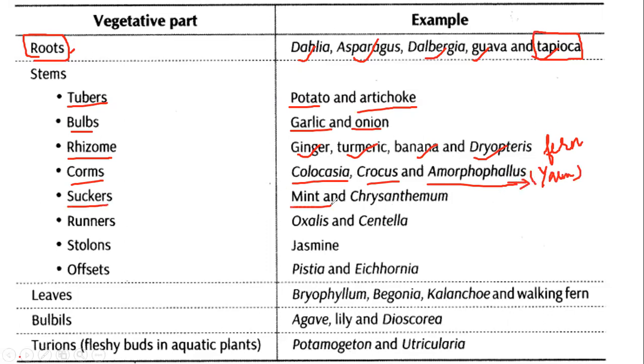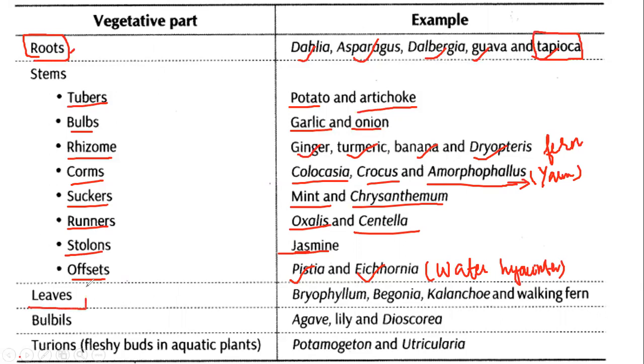Then you have suckers in mint and chrysanthemum. Then a runner in oxalis and centella. Then stolons in jasmine. Offset in Pistia and Eichhornia crassipes. You may be calling Eichhornia crassipes the water hyacinth. Have to study in detail about this water hyacinth offset formation.